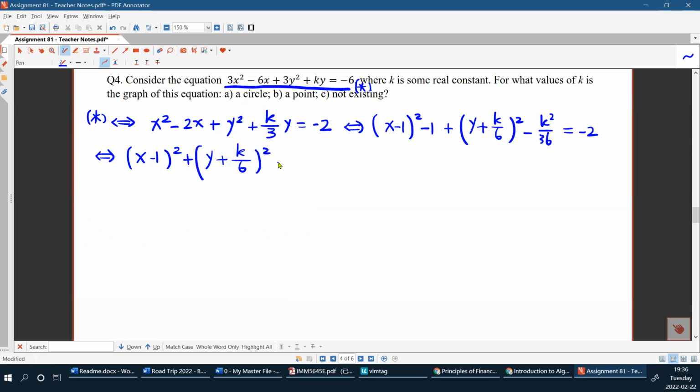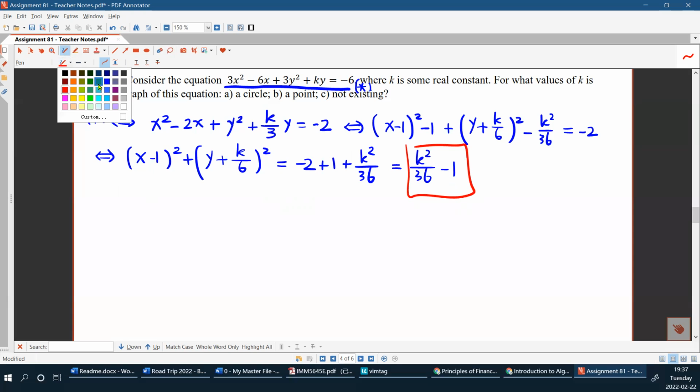And this is equivalent to (x - 1)² plus (y + k/6)² equals -2 plus 1 plus k²/36, which is k²/36 - 1, right? And then the left side already looks like a circle, and then we need to discuss the value of the right side.